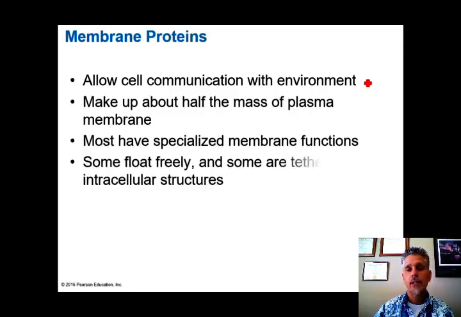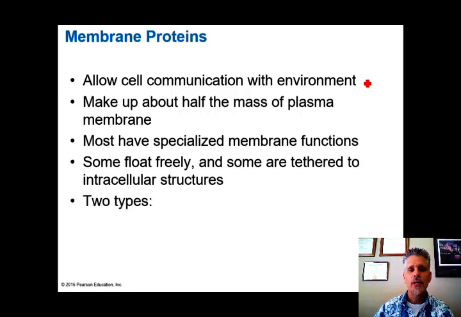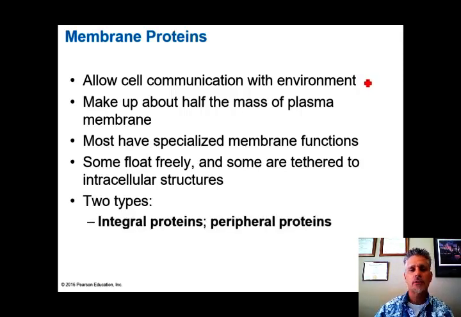They actually have a lot of different functions. They can allow passage, safe passage through the plasma membrane. They can bind to particular substances, etc. So some of them are attached, some float freely in that fluid mosaic. So they are very, if you will, varied in terms of their structure and function.